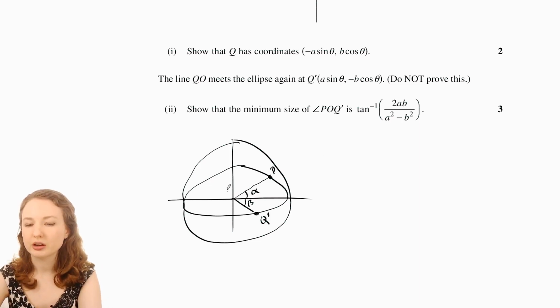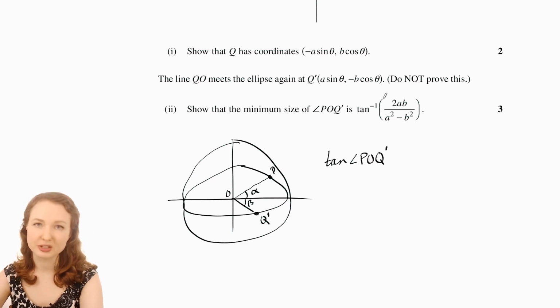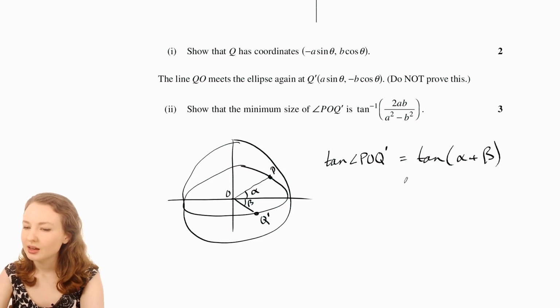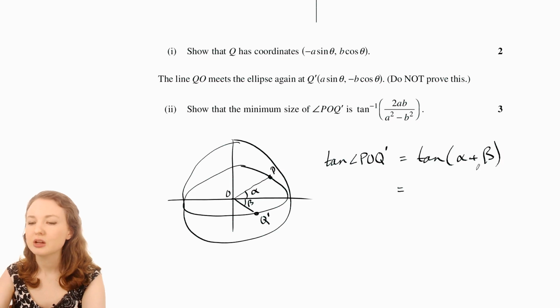So we could say tan of angle P or Q prime. I mean, the arctan there is a clue that we need to think about the tan of that angle. So that's tan of alpha plus beta. And then you can use the formula for that.